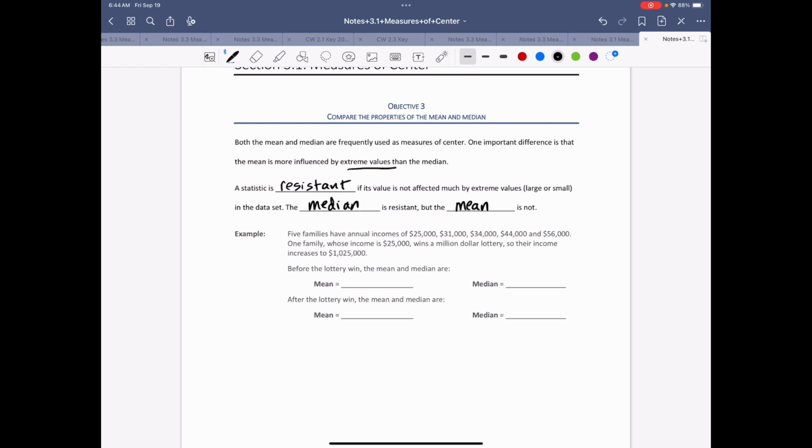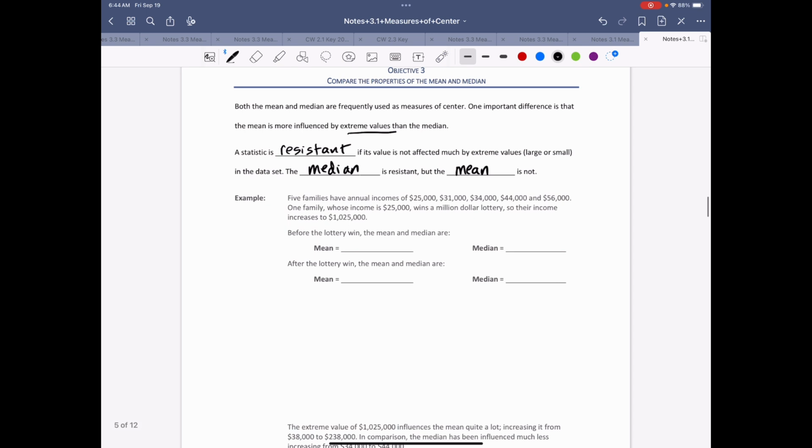And if you look at this question, it says 5 families have annual incomes and it gives their incomes. And one of the families won the lottery, so their income increased to $1,025,000. They won $1 million. So here's what I want you to do. I'm going to come down here and I'm going to do before, and I'm going to list my incomes.